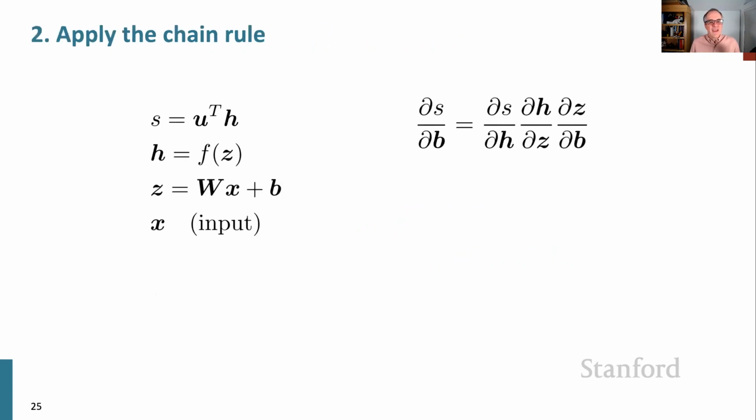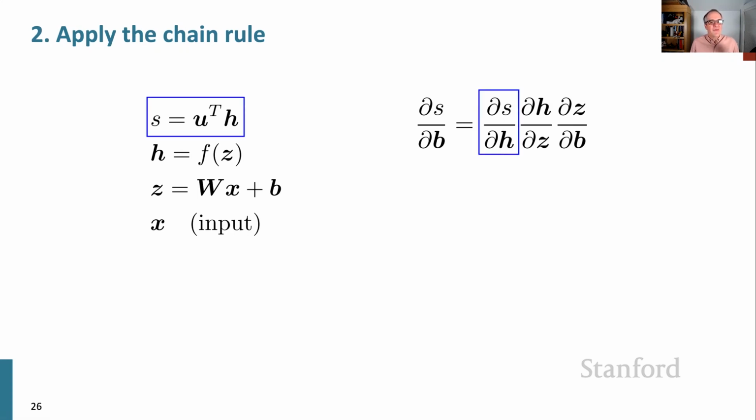So for working out the partials of S with respect to B, it's the composition of the three functions shown on the left. And so the gradient of S with respect to B is going to be the product of these three partial derivatives.